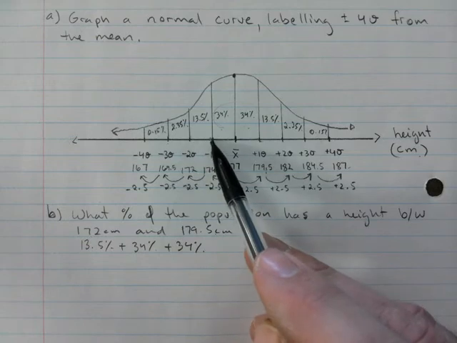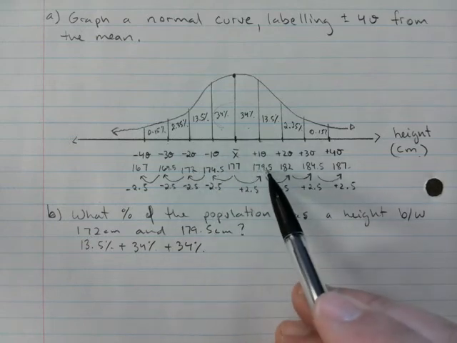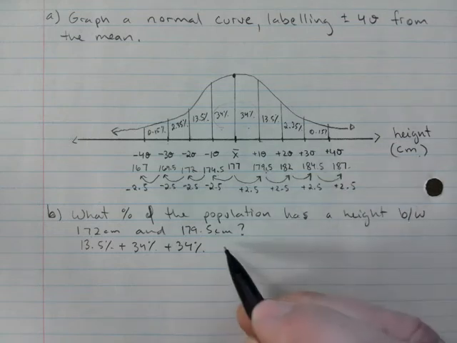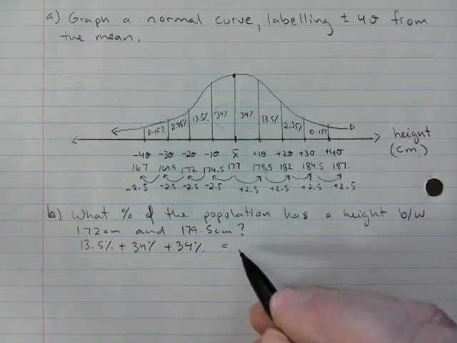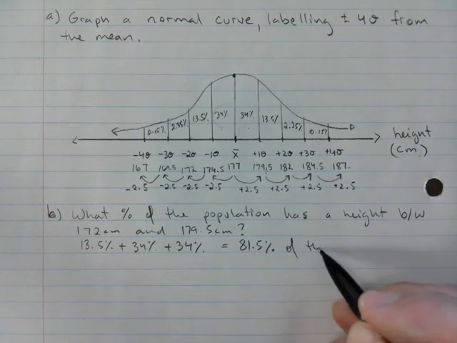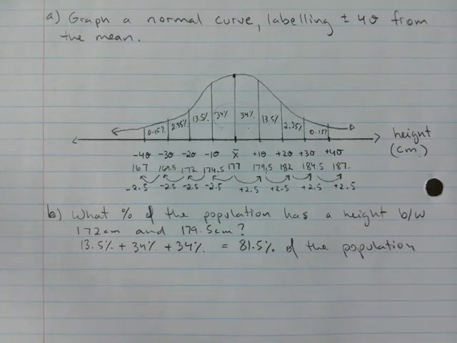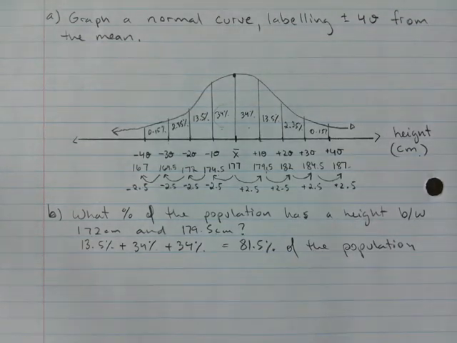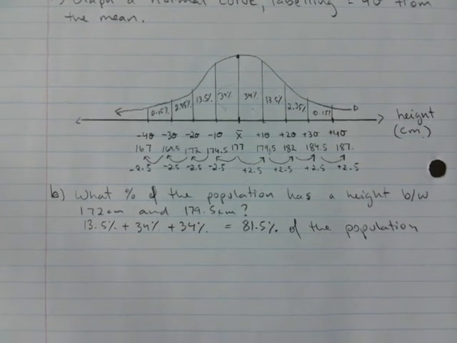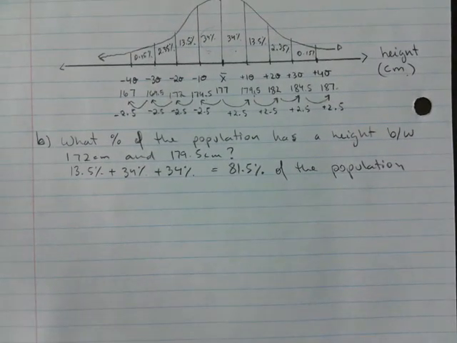If I add up these three sections, that gets me between 172 and 179.5. Okay, so that will be a total of 81.5% of the population. We don't know how many people, but we know that 81.5% of whatever sample size you take will fall in that category.